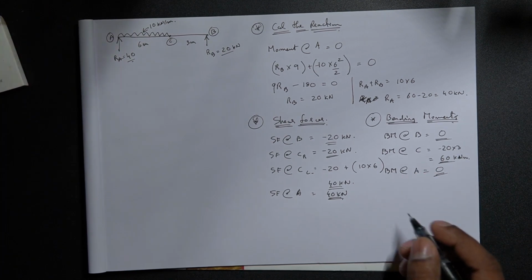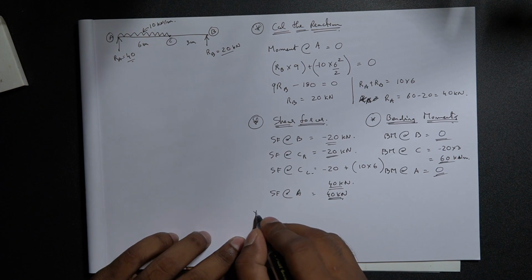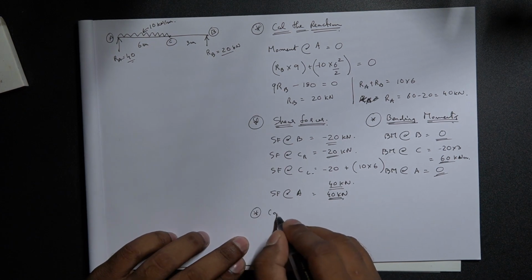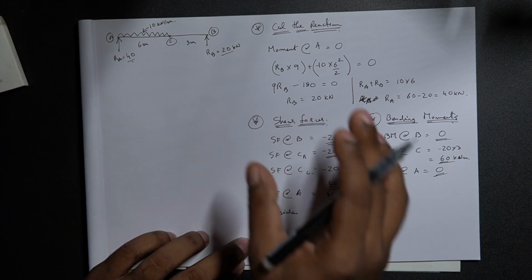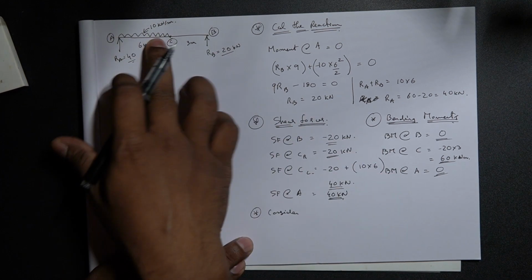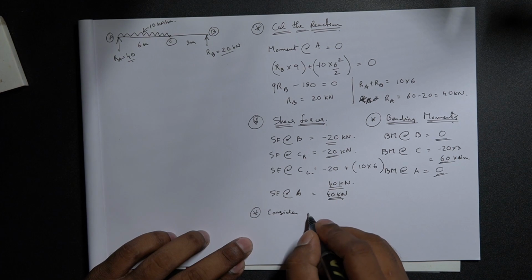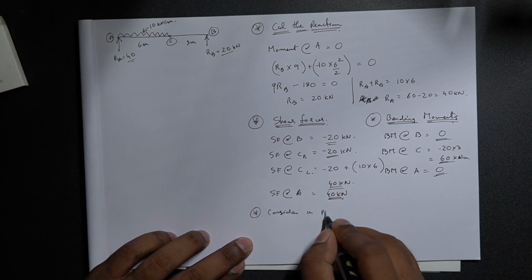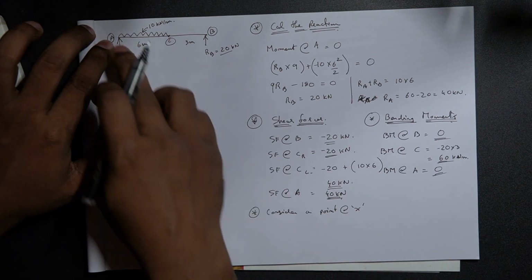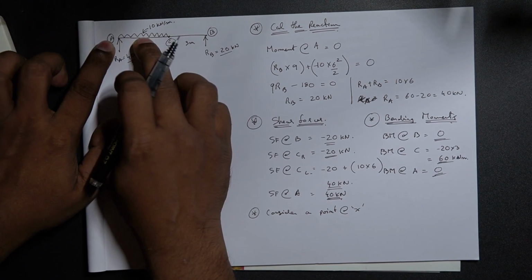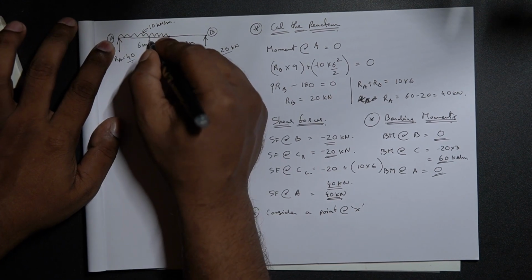In order to do that, first let us consider an arbitrary point at a distance of x from either end. Let's consider it from end A. From A, I'm going to consider a point somewhere in between at some distance x.